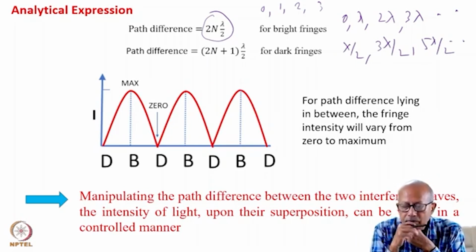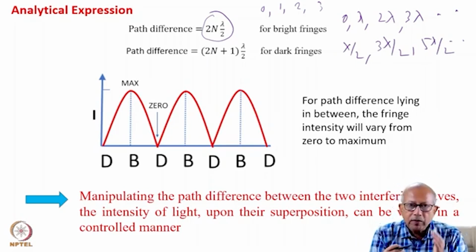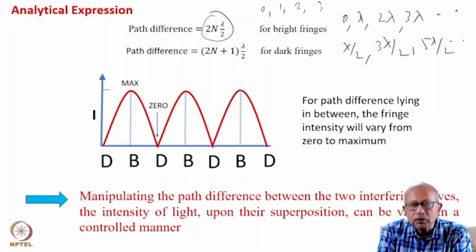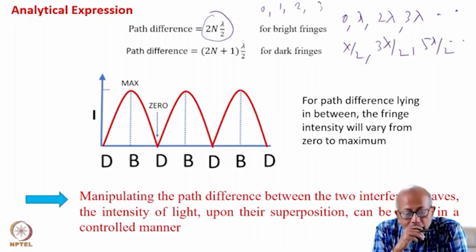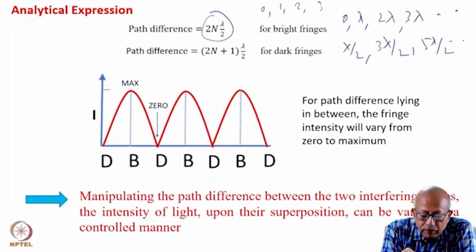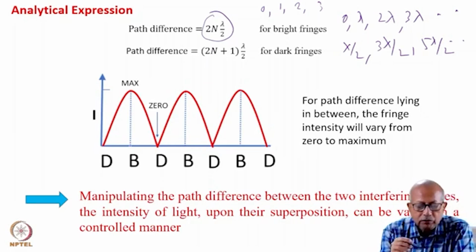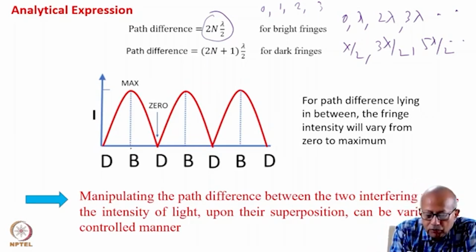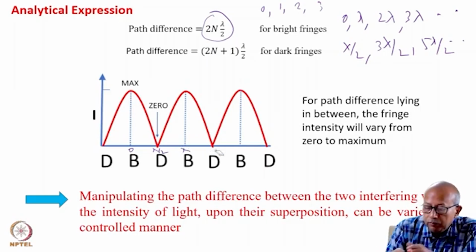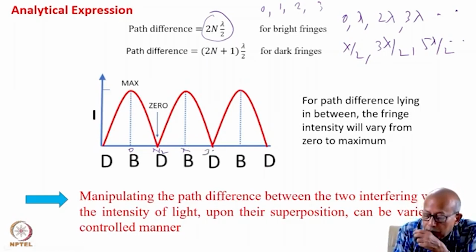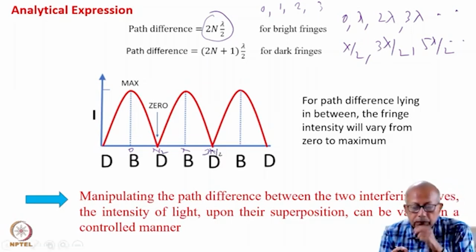N is an integer. So now if you plot the intensity as a function of this path difference, then what would you see? Suppose we start from here, we count our path difference from here. So this is 0. This will be lambda by 2 path difference, this will be lambda, this will be 3 lambda by 2.